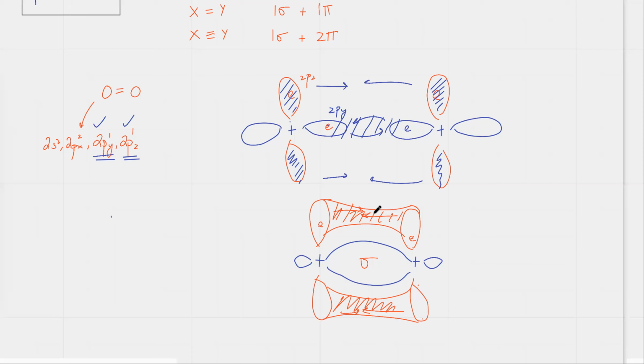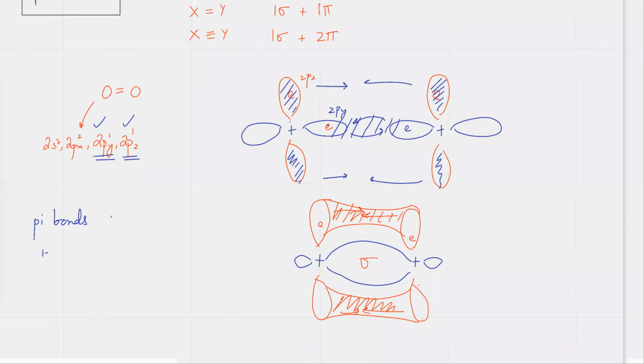So I'm going to write down the properties of pi bonds. First thing, number one, we already discussed that the first bond is always a sigma bond. When electrons get shared, the middle part is the one that's going to be occupied first. That's your sigma bond.